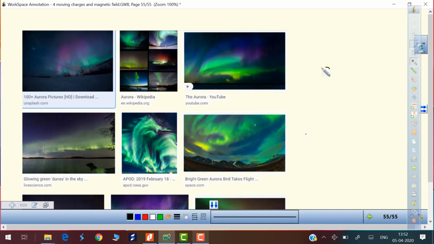It is totally concentrated at the North Pole. Charged particles coming from the sun are sometimes trapped over here, moving in a circular path, and then concentrate near the North Pole.